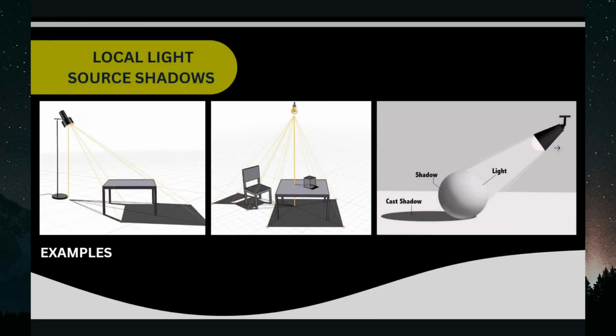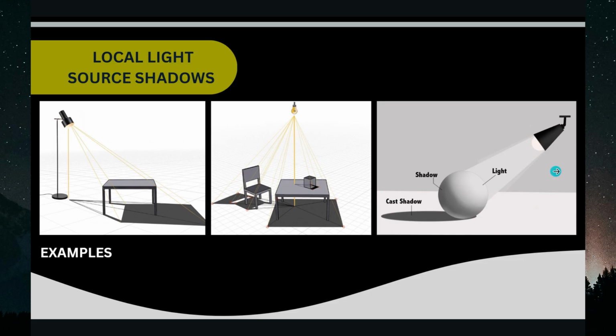So here are some good examples of local light source shadows. As you can see in this image, on the left hand side, there is a lamp and the shadow of this table is being created with this source of light. And in this middle image, you can see there is a bulb over the table, and you can see the direction is different for this table and the chair.